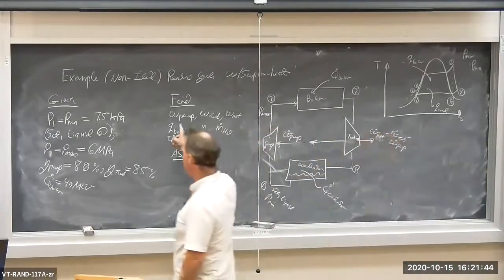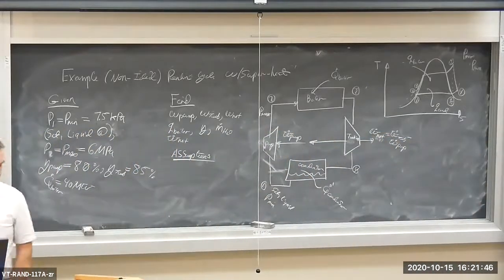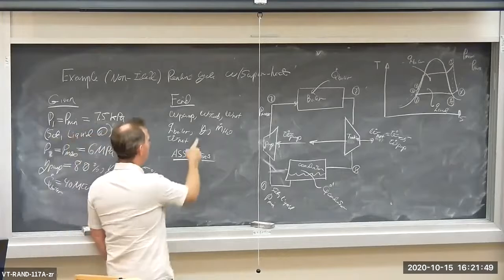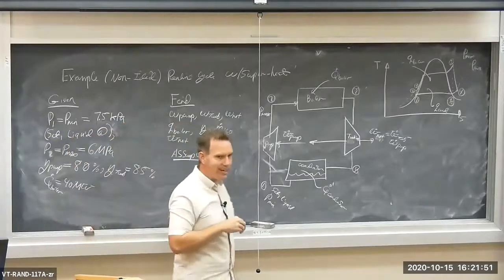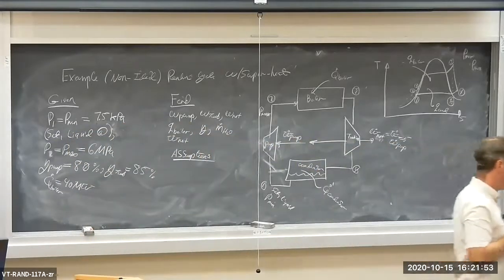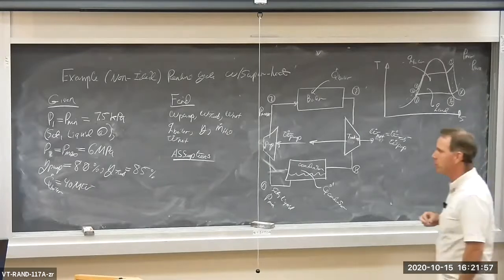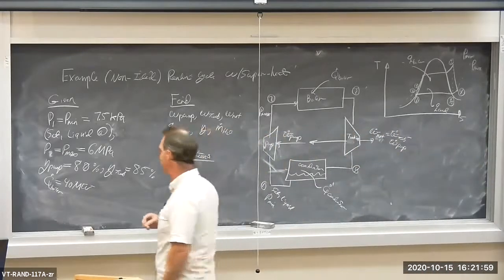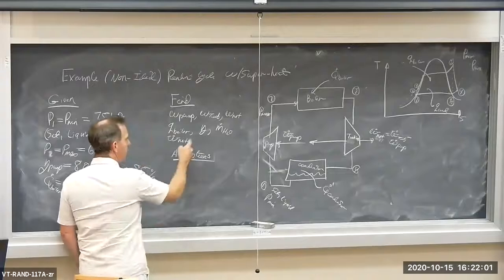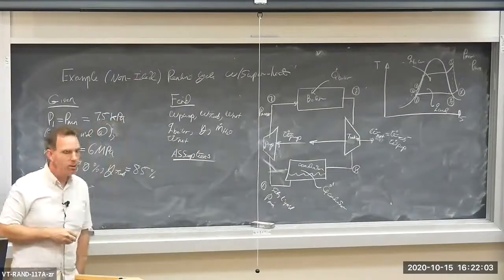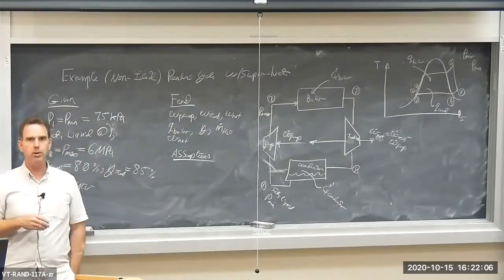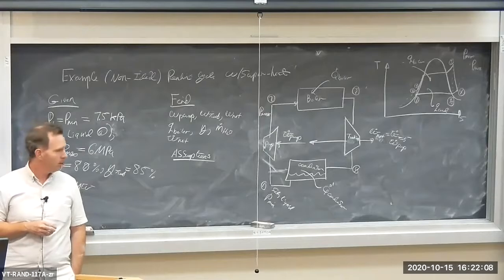Let's find the specific pump work, the specific turbine work, the net specific work, find the specific heat addition, Q boiler, into the boiler, find the thermal efficiency for the cycle, so W net divided by Q in, or Q boiler, find the mass flow rate.